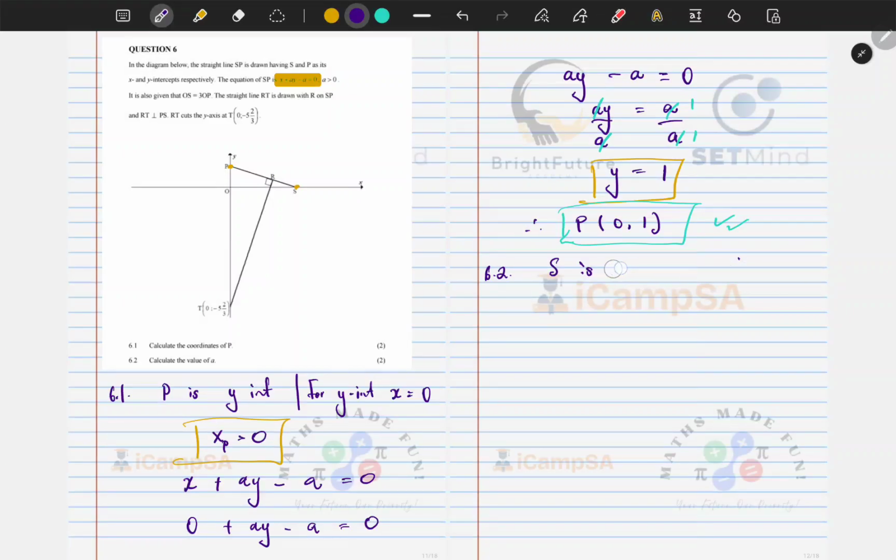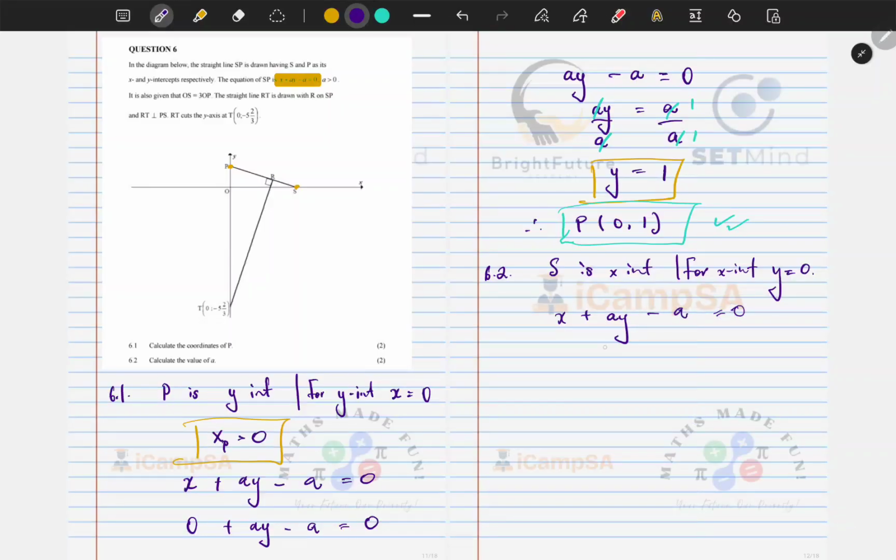So let's write this neatly. S is the x-intercept, and for the x-intercept, your y is going to be 0. And now we are going to write out our equation: x plus ay minus a is equal to 0.